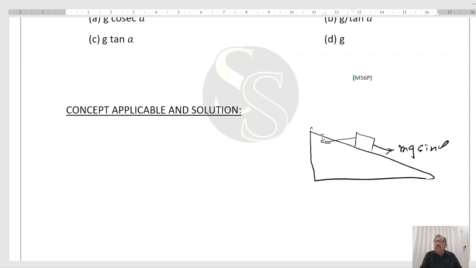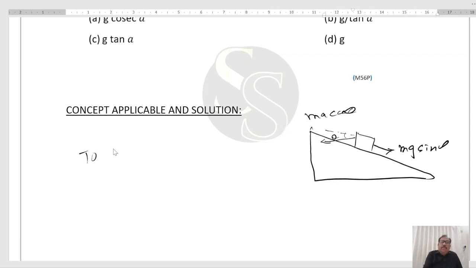So resolve along this. This is theta. So this will become ma cos theta. I am not drawing the forces acting perpendicular to the plane of the surface, because in the earlier question I have discussed everything.